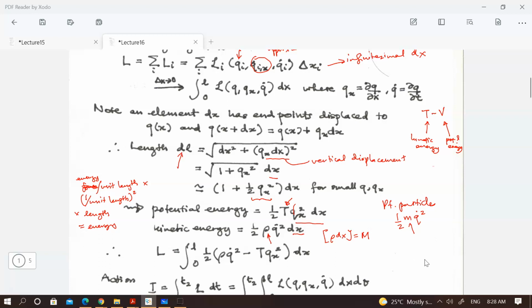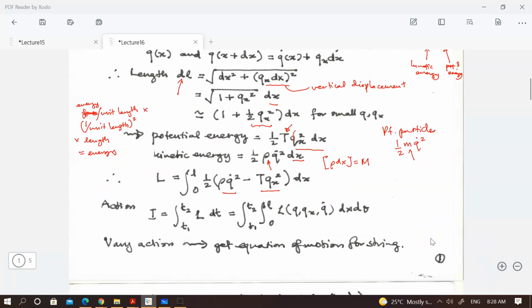Then you can write your Lagrangian as the kinetic energy minus the potential energy. Okay, so I hope that's not too much of a problem. But now what happens over here is essentially that the Lagrangian itself is doing an integral over the length.